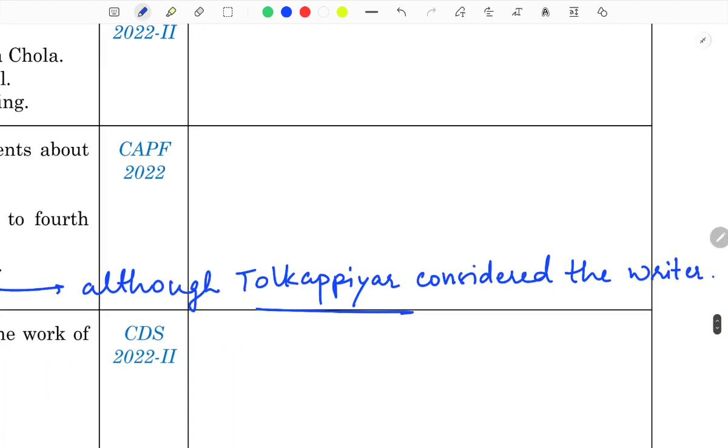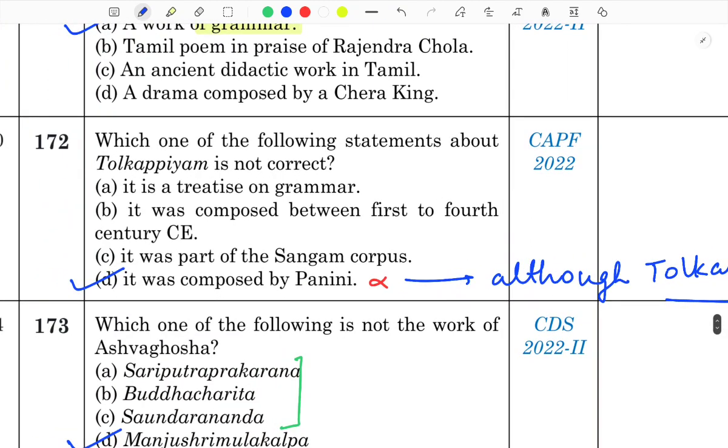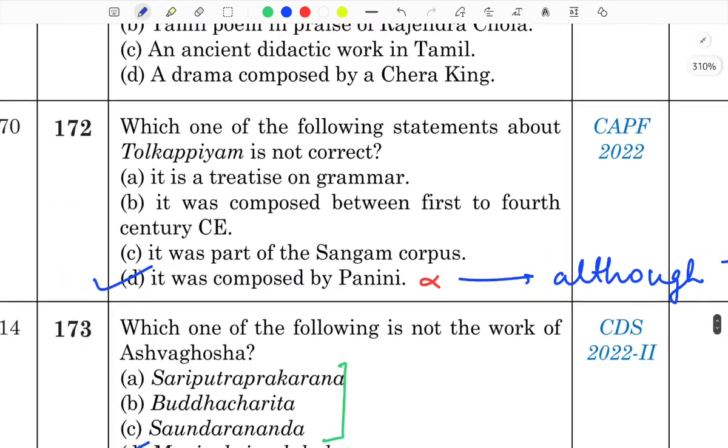Although the author of Tolkappiyam is considered as Tolkappiyar, there is no consensus about the author as such. But yes, it is a treatise on grammar. It was composed between 1st to 4th century CE, remember this period. It was part of the Sangam corpus, yes, simple.